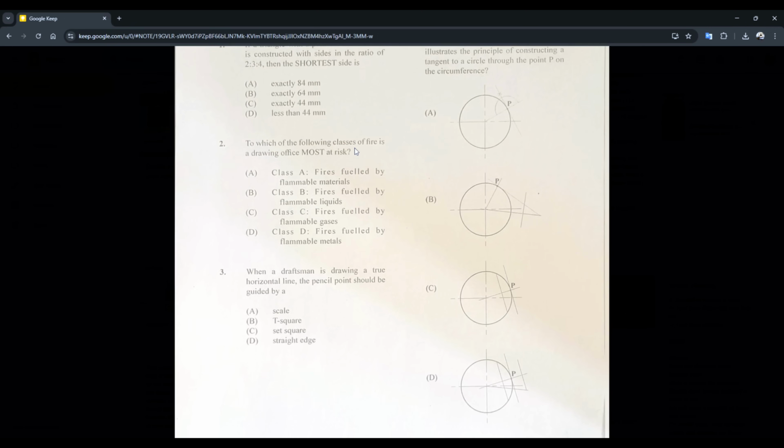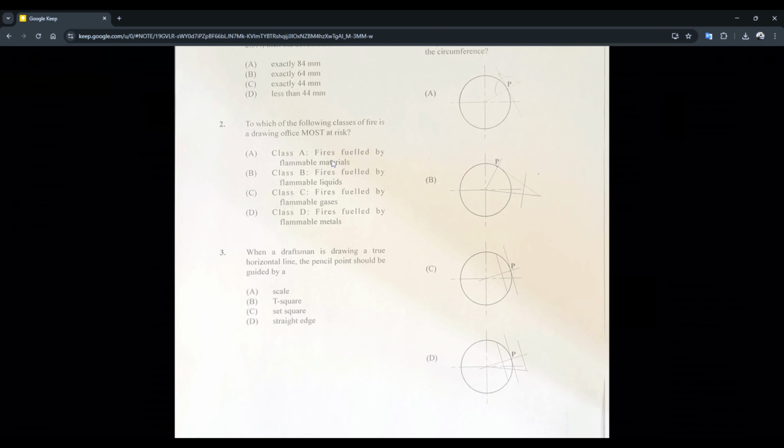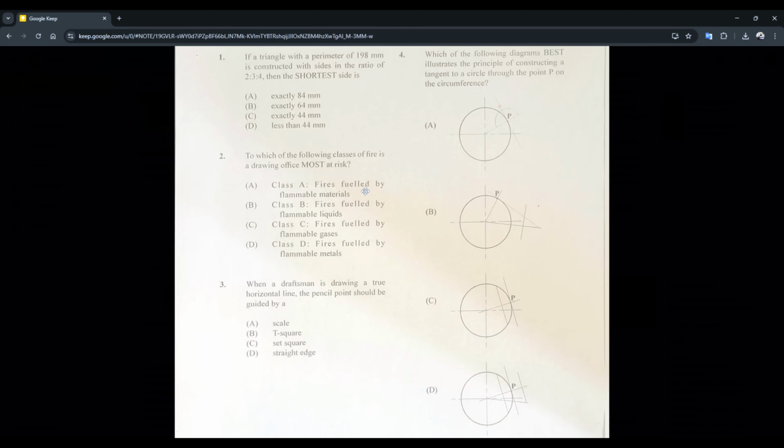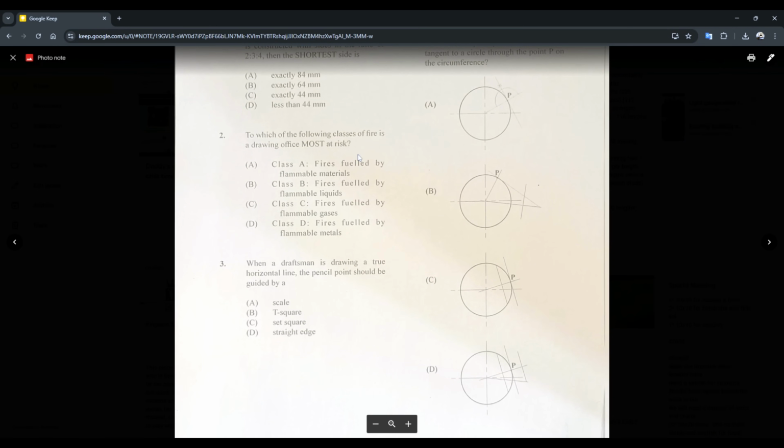Number 2, to which of the following classes of fire is a drawing office most at risk? Class A, fires fueled by flammable materials. Flammable materials would include paper, desks, wooden desks, etc. So the answer here is A, assuming that it's a traditional drawing office that had a lot of paper.